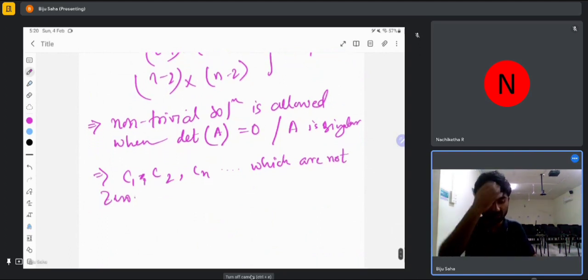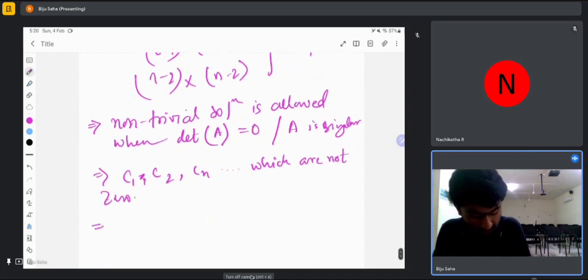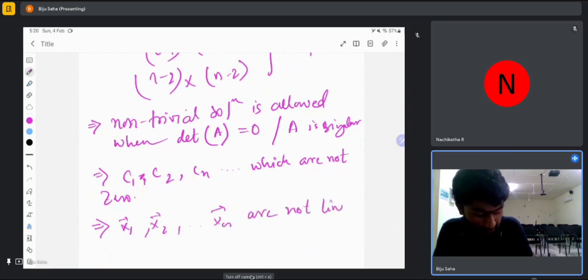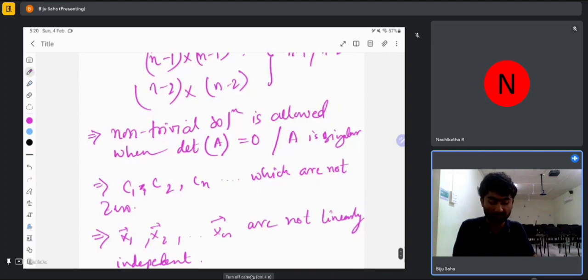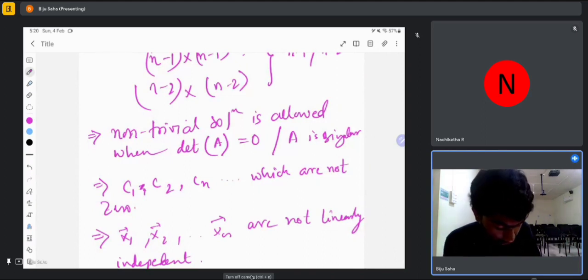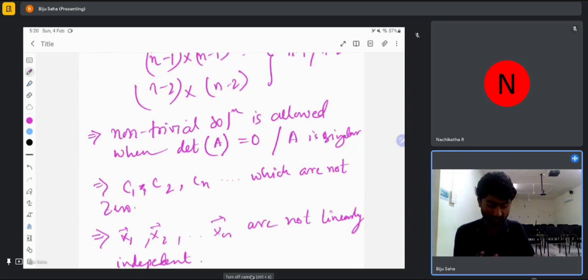Yeah. So that says that the vectors x1, x2, ... xn are not linearly independent, but dependent. Since if C1, C2 and all of them were necessarily 0, then it would have been the linearly independent scenario.